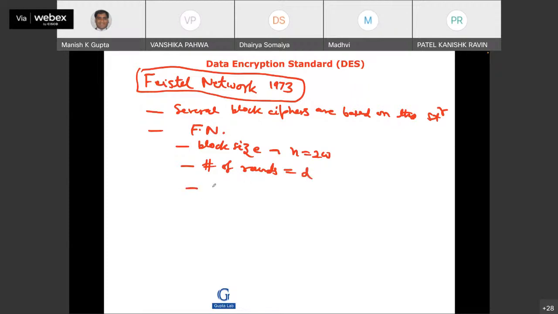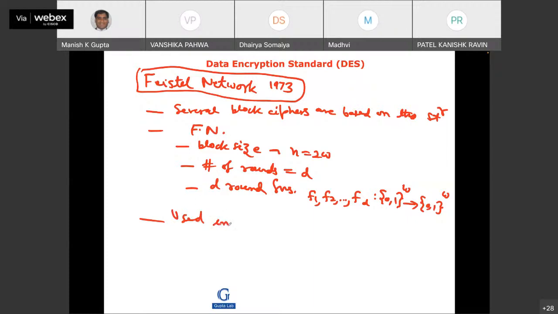For each round there is a round function, so we have d round functions f1, f2, up to fd, each taking a binary string of length w and giving a binary string of length w. It is used in DES, which we are going to talk about.